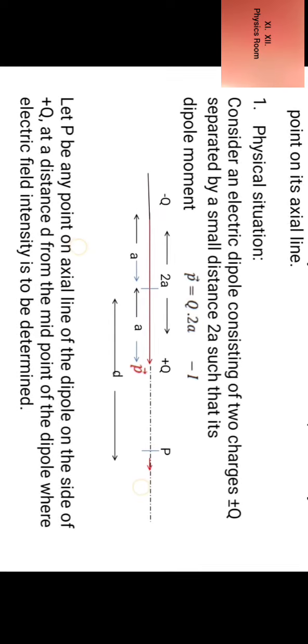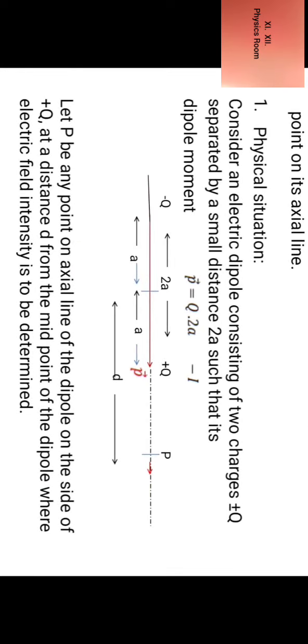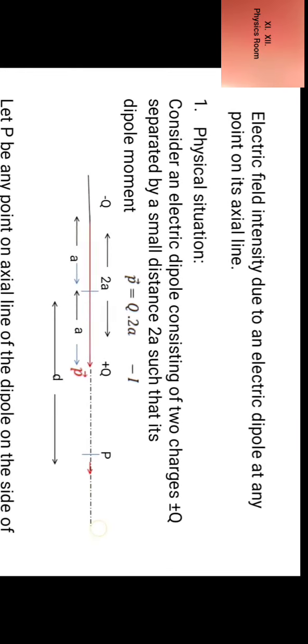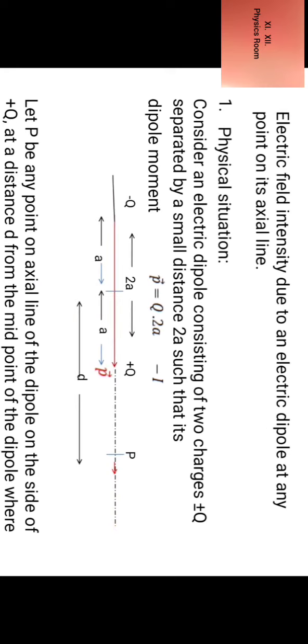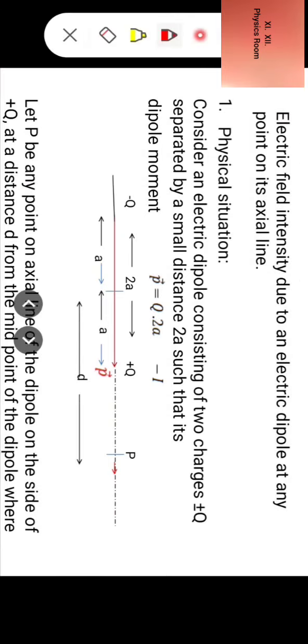Now after understanding the axial line and equatorial line, we take up electric field intensity due to an electric dipole turn by turn. First we take up the axial line of the dipole. Now we talk of electric field intensity due to an electric dipole at any point on its axial line. First step, we develop the physical situation.